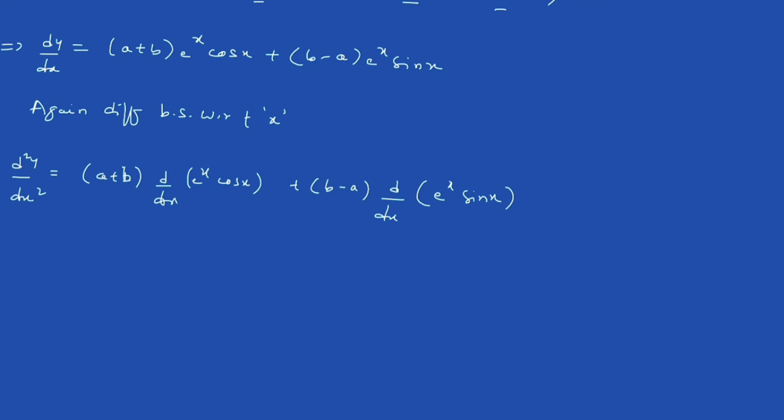So again d2y upon dx square, which is equal to a plus b as it is.